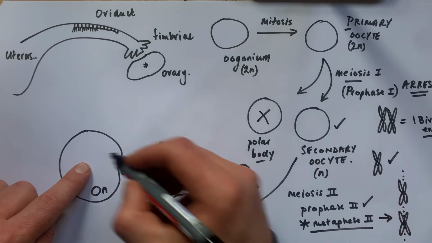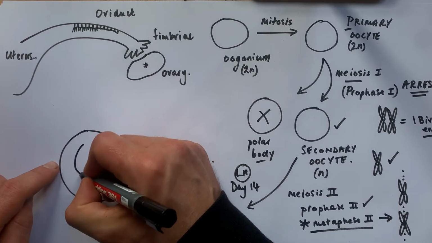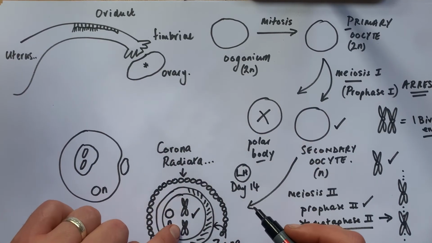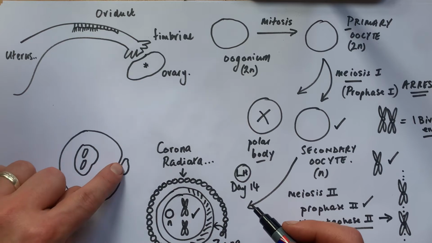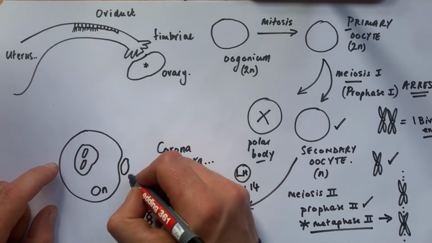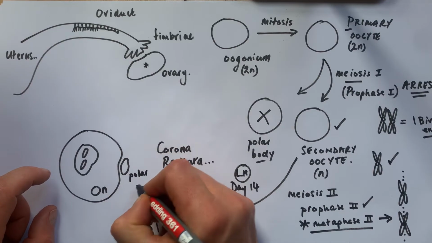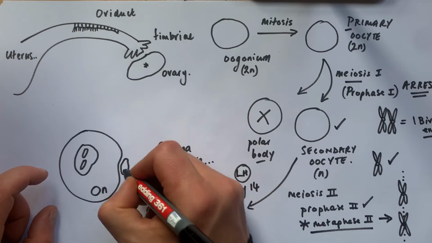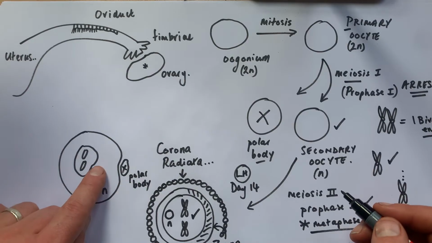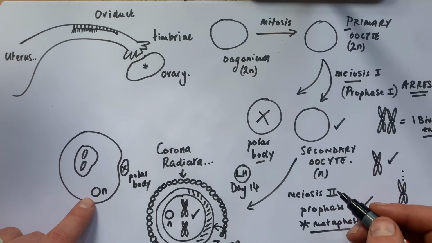So here you'd have the nucleus, okay, with these two sister chromatids in. This one here would have a nucleus as well, but this is called the polar body. So the polar body actually doesn't have any role to play anymore. That's not actually useful.